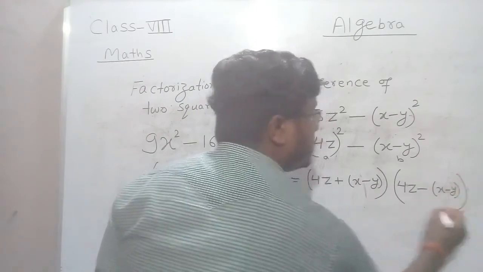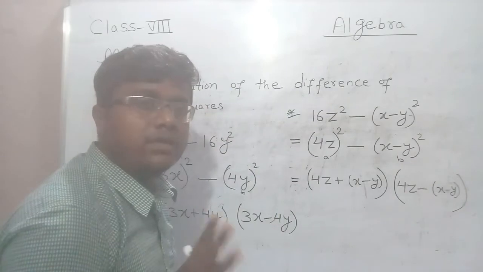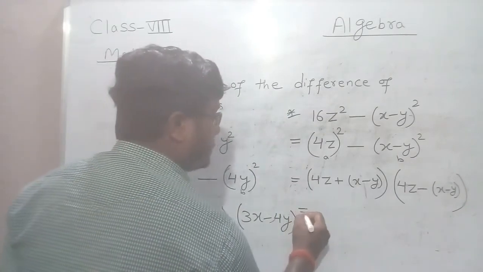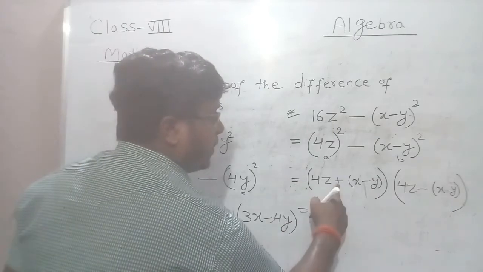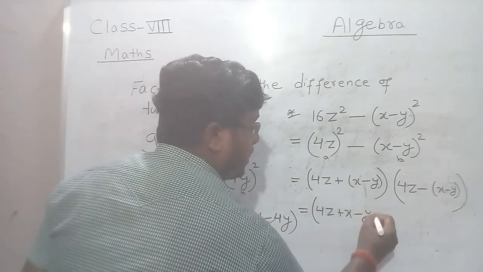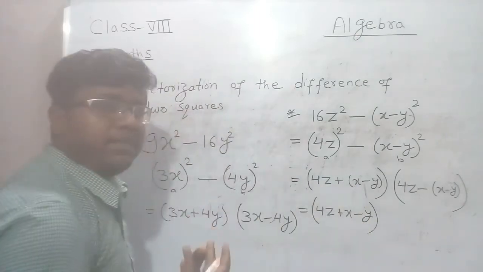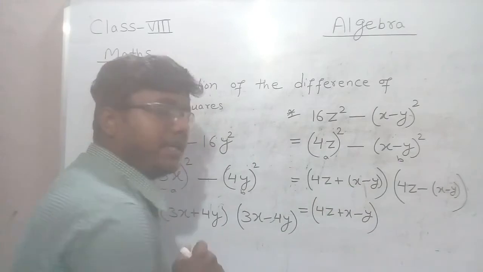Why have I used a bracket? There will be no problem: we get 4z plus into plus x, plus into minus y. Like a plus b, if there is a positive or negative, there is no problem, you will get the same sign there.